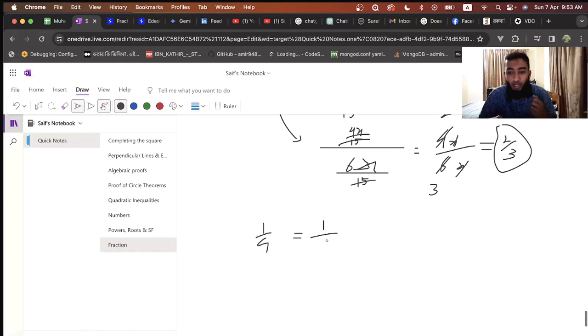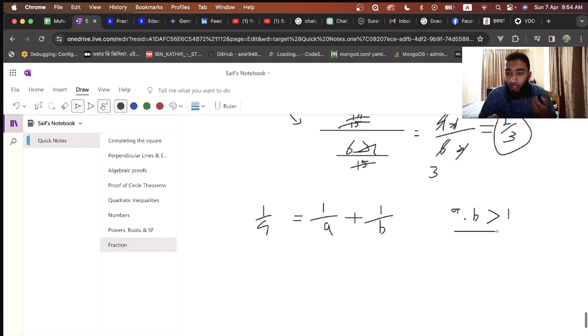So 1 by 4 should be expressed as 1 by something, let's say a variable a, plus 1 by another number, let's say b. Here a and b are numbers that are greater than 1, because you have to express it as 1 by something greater than 1 as a unit fraction. So this is 1 by a plus 1 by b.